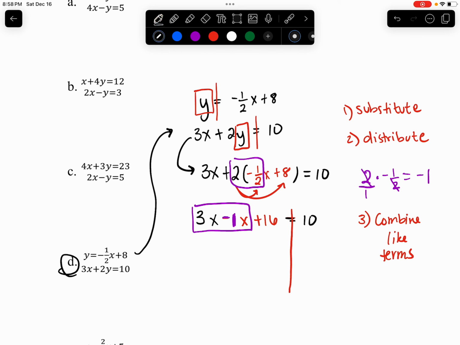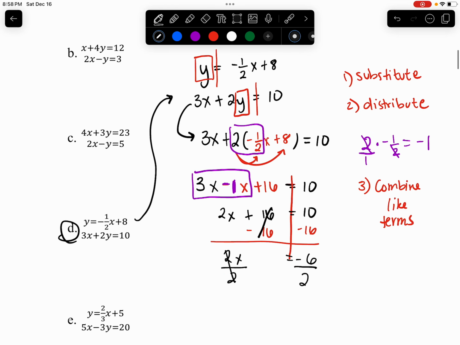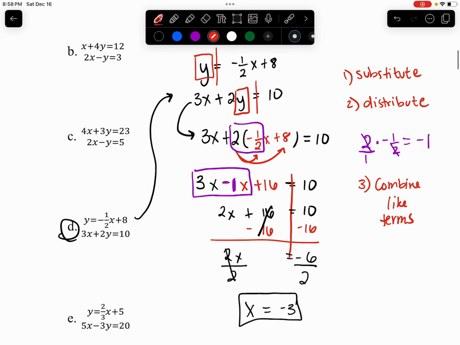So we are left with 2x plus 16 equals 10. Subtract 16. We're left with 2x equals -6, divided by 2. x equals negative 3. Okay, that's only x. Now we have to find y.